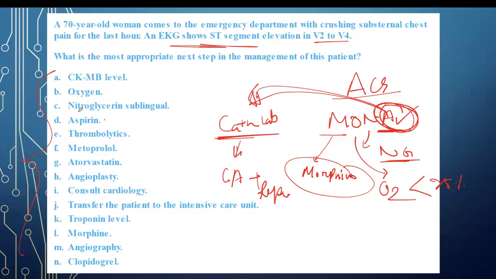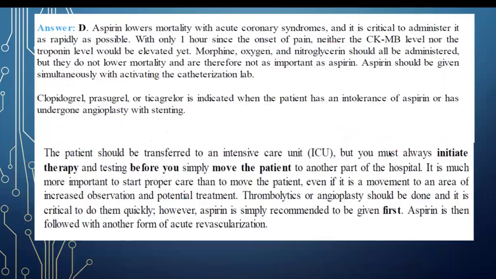Aspirin, definitely. So that we know. 90 minutes is from the admission, not from the onset of chest pain. That's a different thing. We are coming into that. Aspirin lowers the mortality with acute coronary syndrome, and it is critical to administer it as rapidly as possible.